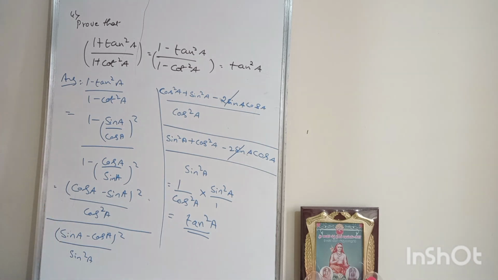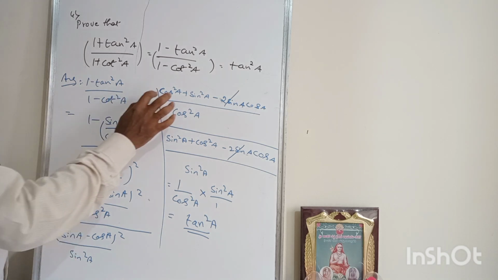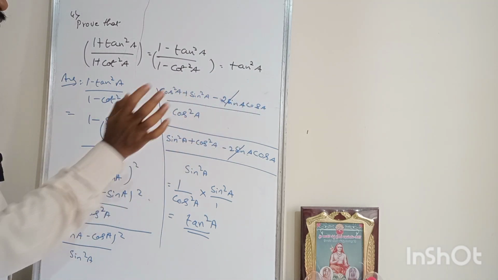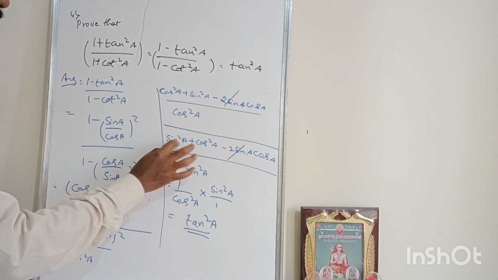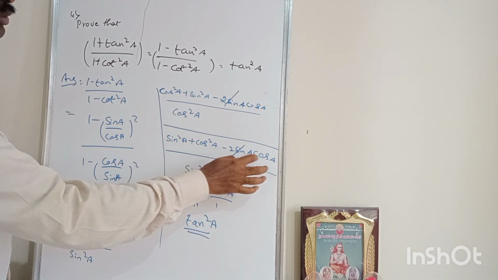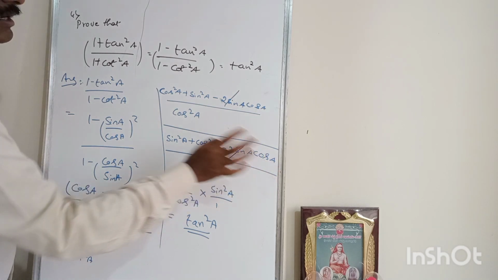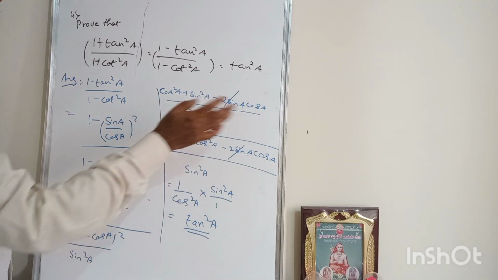Then after expanding (a minus b) whole square, a square plus b square minus 2ab. Like that, cos square A plus sin square A minus 2 sin A cos A over cos square A. Here sin square A plus cos square A minus 2 sin A cos A over sin square A. 2 sin A cos A and 2 sin A cos A get cancelled.